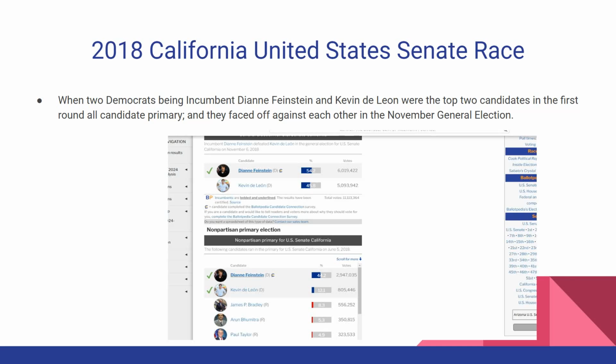Despite the fact that they're two Democrats, this can actually be a good thing. Having two Democrats face off in a United States Senate race, especially in California, actually makes sense if you think about it.